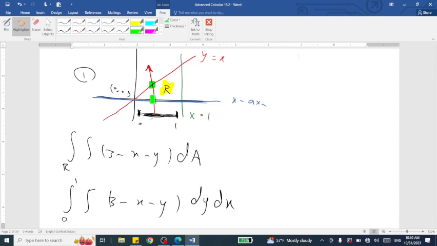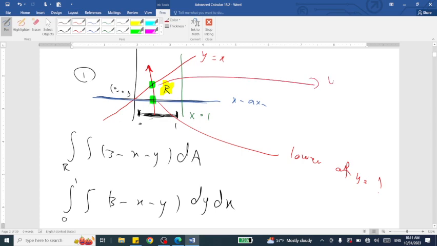It intersects my region, my R, but the first one will be the lower of y, equal to something. That one will be the upper of y, to be something. Till now is it clear? Do you have any question? No. So tell me, here y is equal to what?